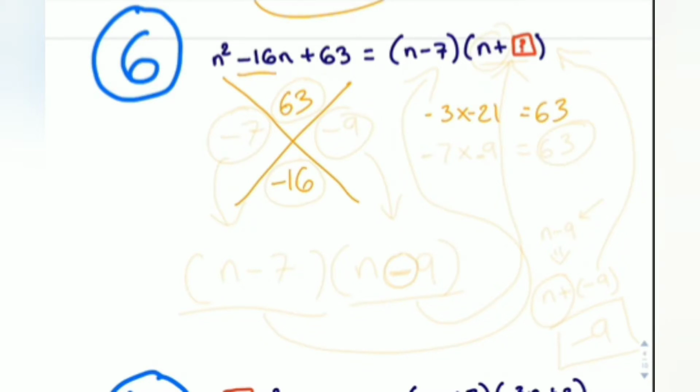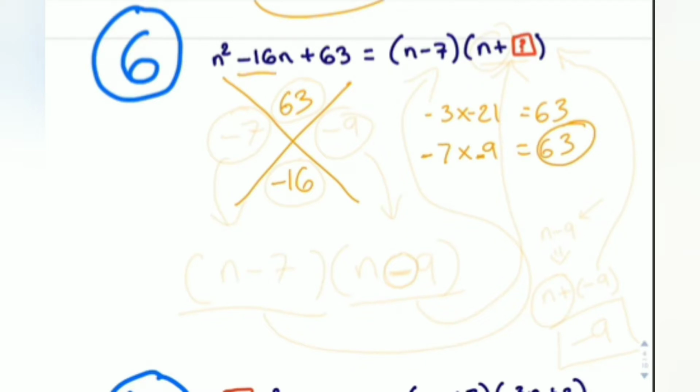We need to find other two values that give us 63. I know 7 times 9 equals 63. And in order to add to negative 16, both of them have to be negative, right? Because negative 7 times negative 9 equals 63, positive.